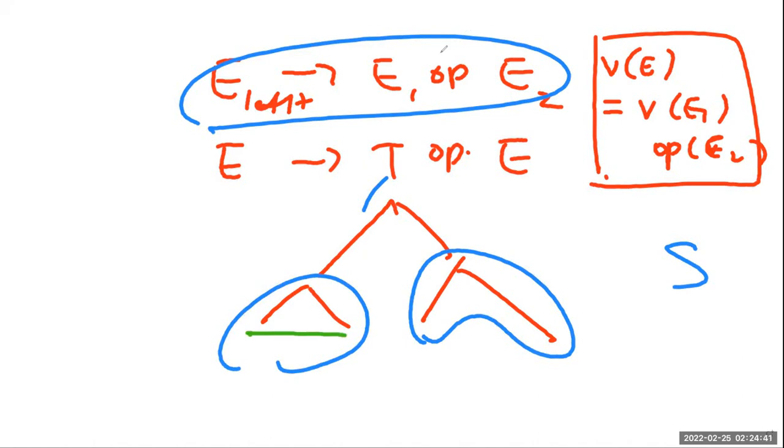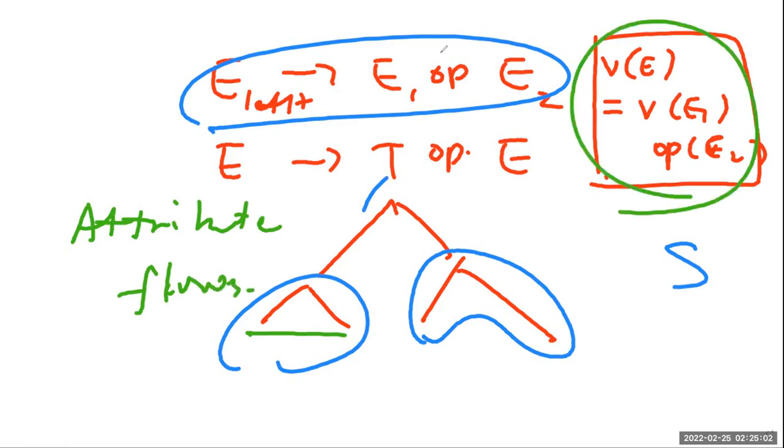So you can do the expression evaluation. We talked about this many times in the current lecture. That is the evaluation flow. We call it the attribute flow. So we use the attribute flow to evaluate the action routine.